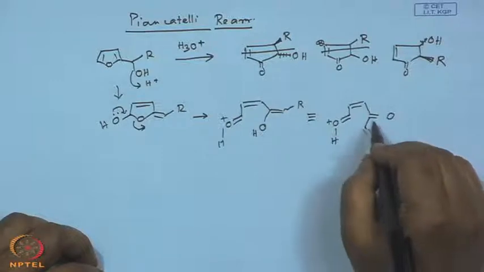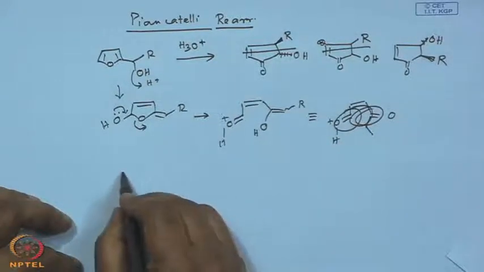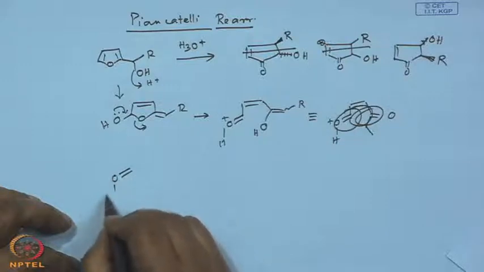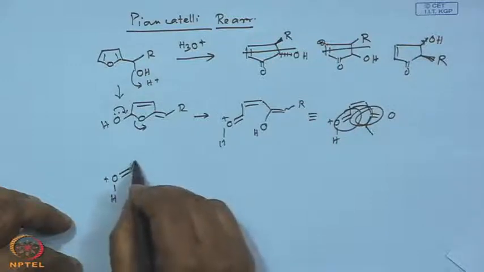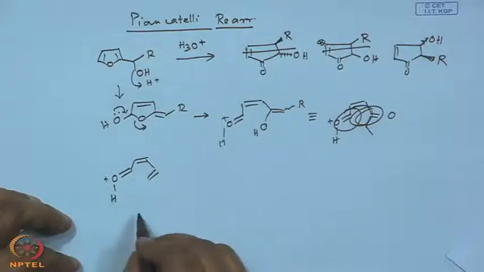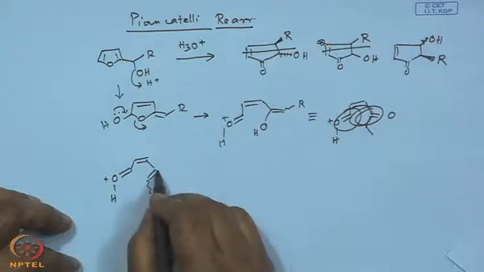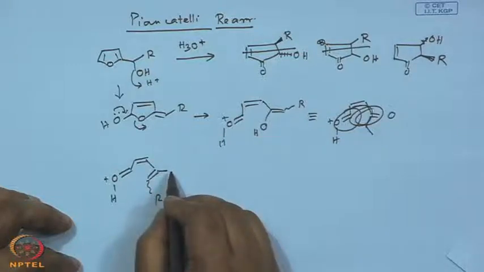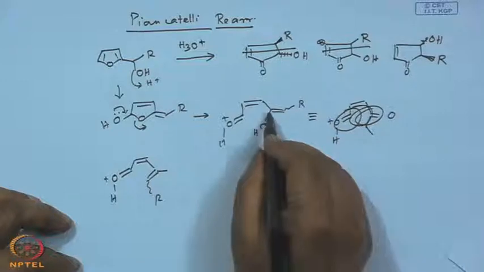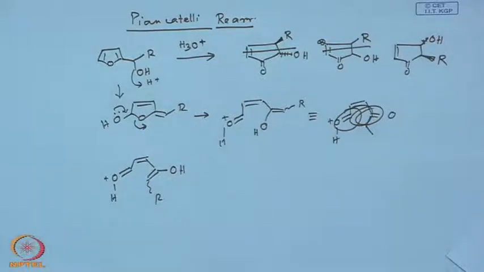Okay, let me just rewrite this: oxygen, hydrogen plus, and a double bond up here, and you can rewrite this way. This is R, and this second carbon is oxygen, and this, right.